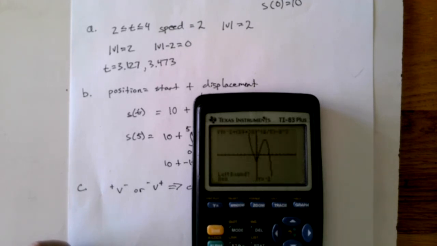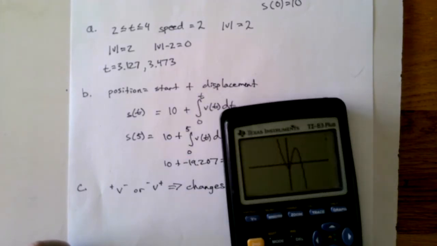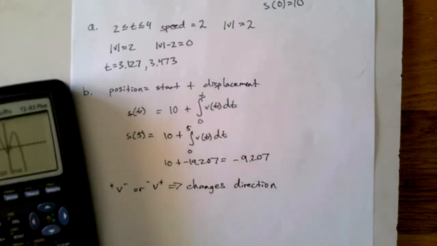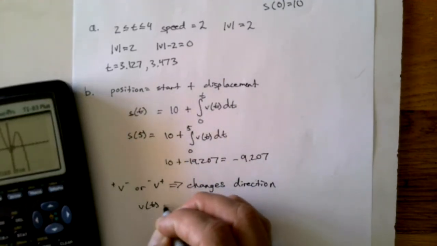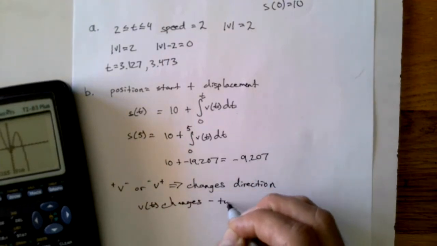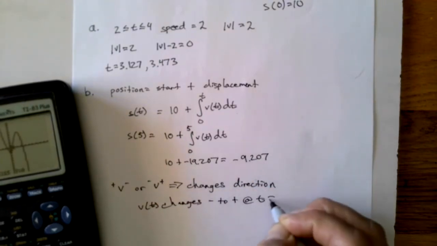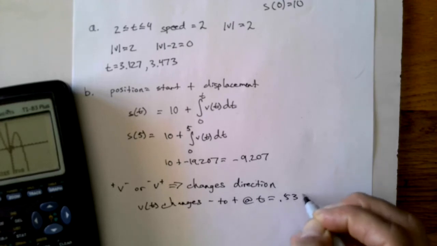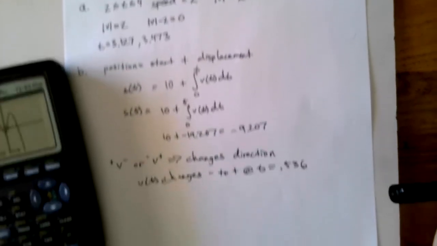So I'm going to calculate 0, and I'm going to go a left bound and a right bound. So I'm going to say v of t changes negative to positive at time equals 0.536. Okay.